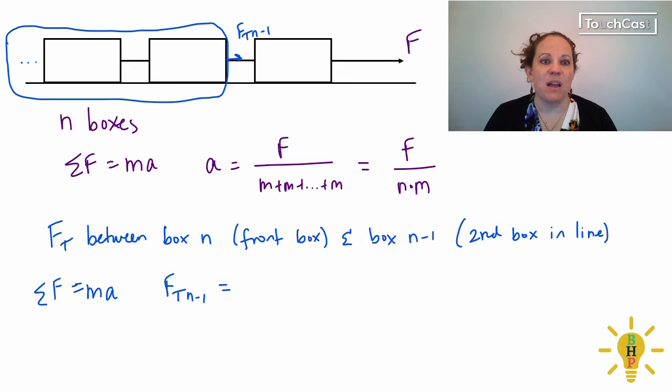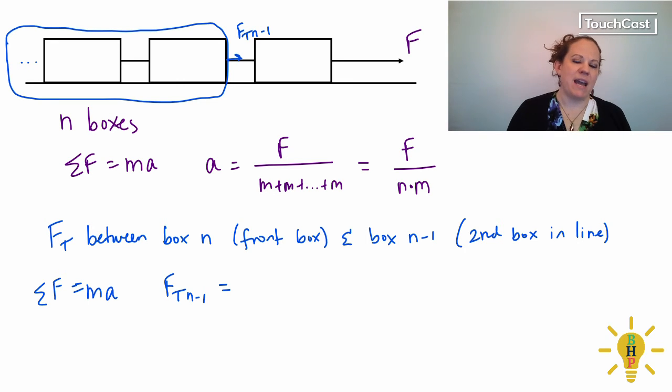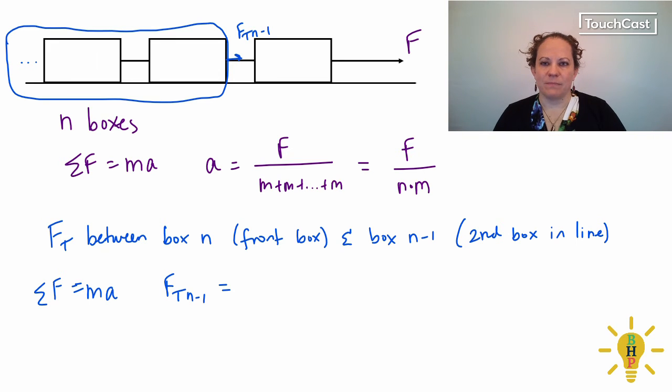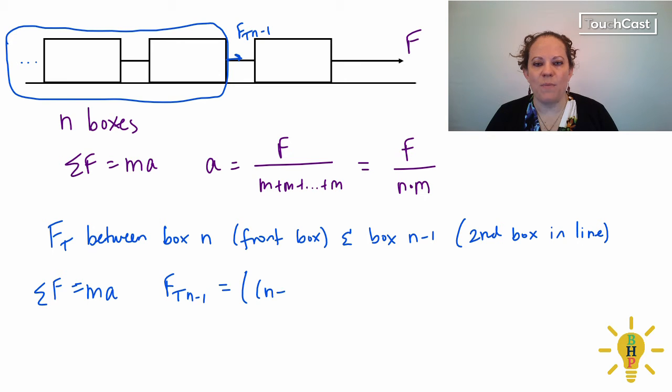that mass plus all of the masses behind it, which notice when we had 2 boxes, that coefficient was 2. If we had 3 boxes, it would be 3. Since we're considering N-1 boxes, we're going to have a total mass of N-1 times M, because M is the mass of each box.